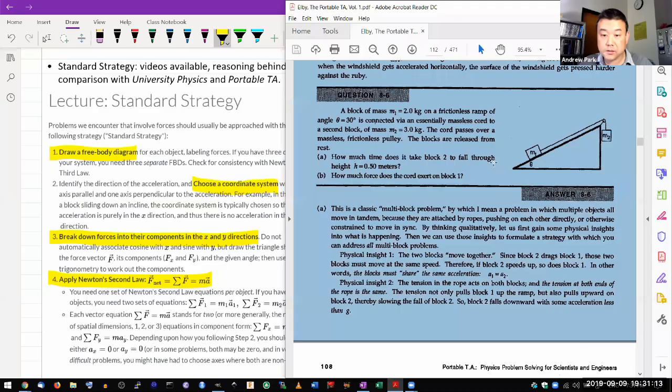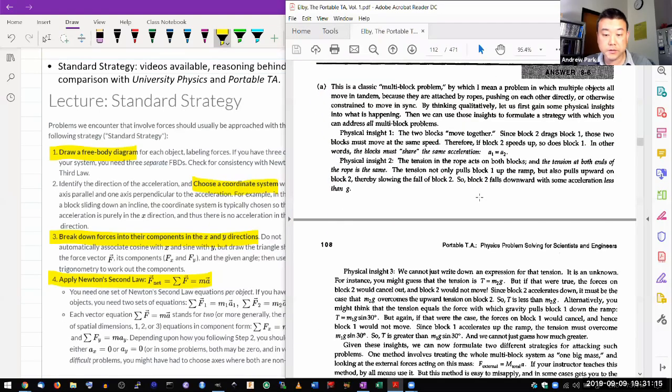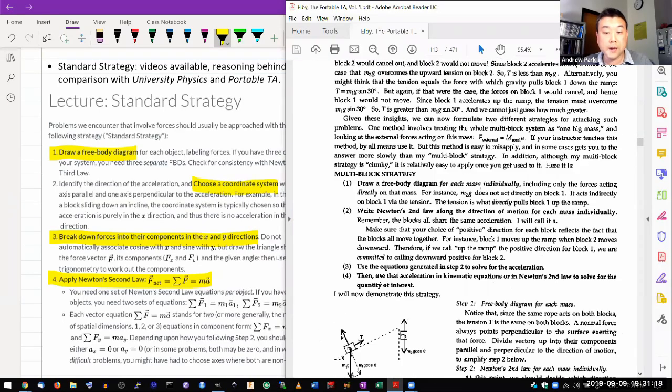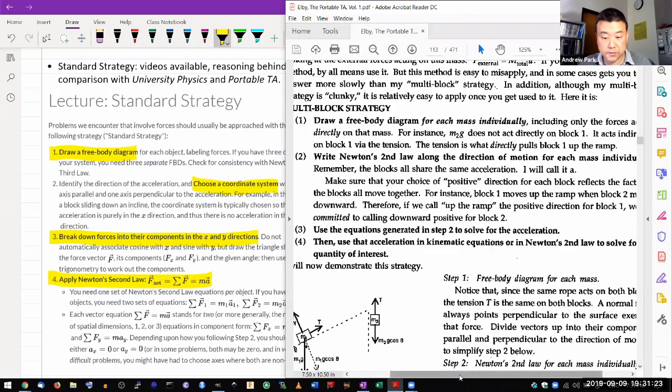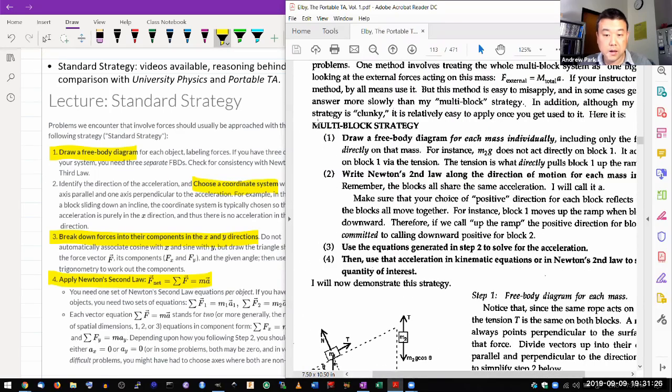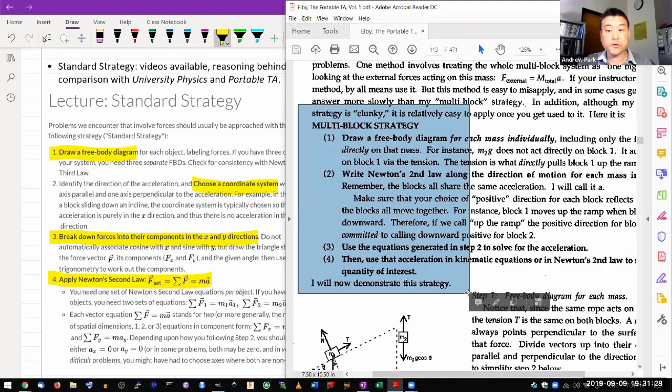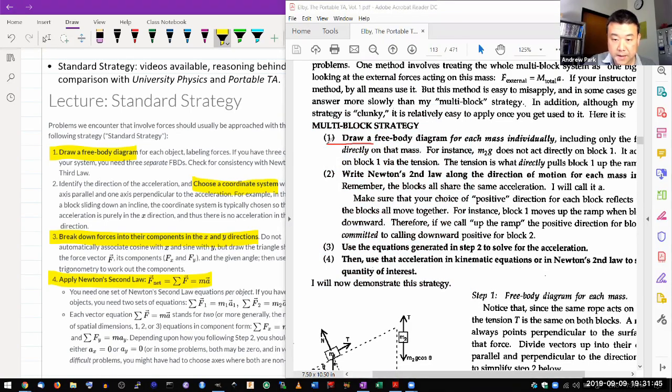And in the answer, Andrew Elby introduces what he calls the multi-block strategy. He says, draw a free body diagram for each mass individually. So what he calls step number 1 here matches up with our step number 1, draw a free body diagram individually for each object. And if you just read his step number 2, it looks like he skipped right up to our step number 4.